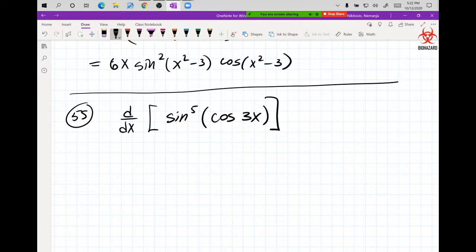How many functions do we have? Can someone tell me that at least? 4. 4 functions, very good.